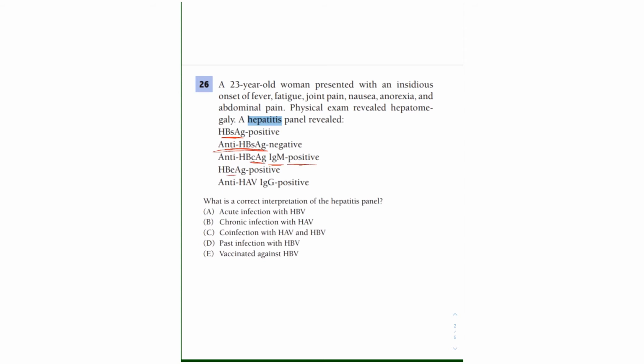Okay, also the E antigen is positive, and also the hepatitis A antibodies are positive, but this is kind of insignificant. We're mainly focused on the hepatitis B. So we've established that it's an active infection, and we also established that it's an acute infection from the IgM antibodies. So the answer would be A. Okay.